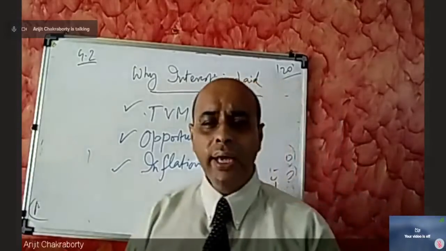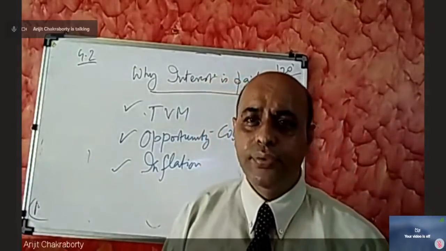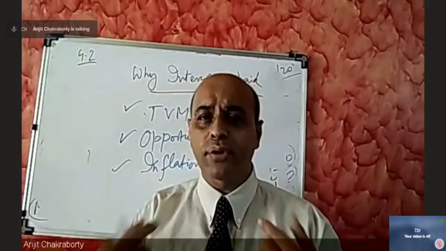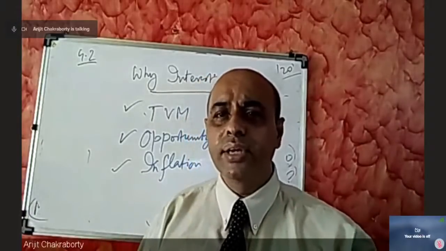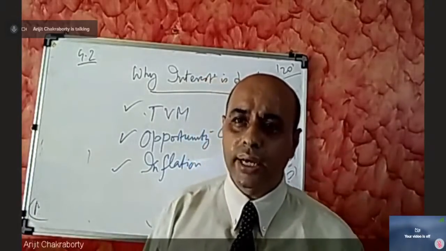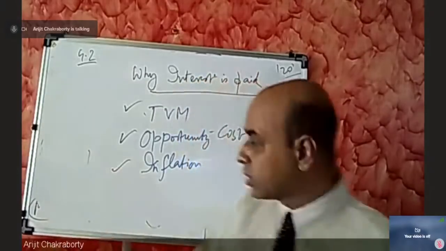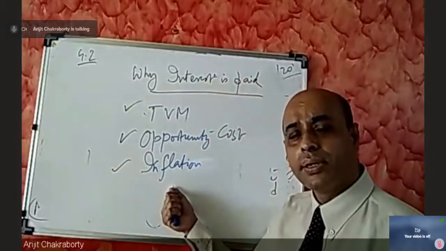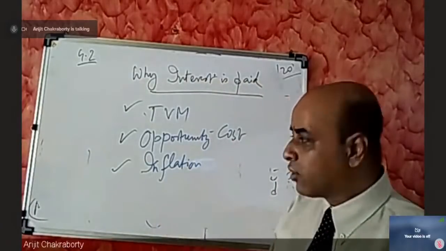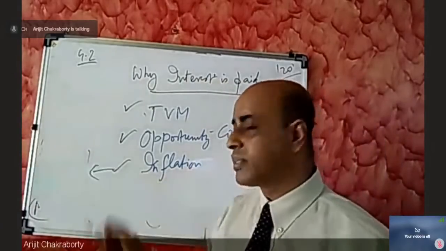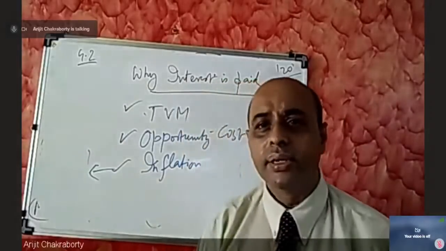So if a bank is giving me a loan, they want interest payment from me because the money they have given to me 5 years back must earn some return, because they have to cover the inflation. Normally in India, what is the approximate amount of inflation?